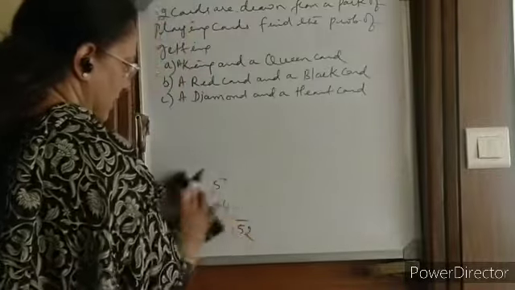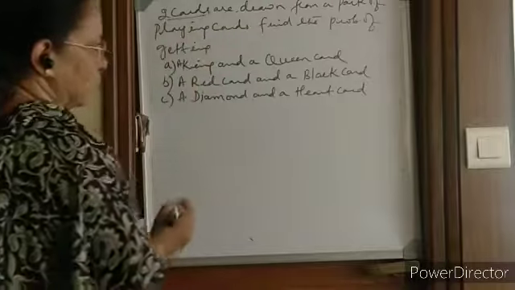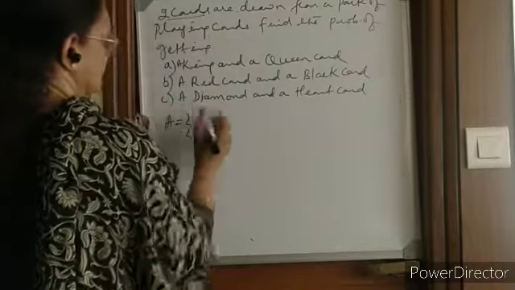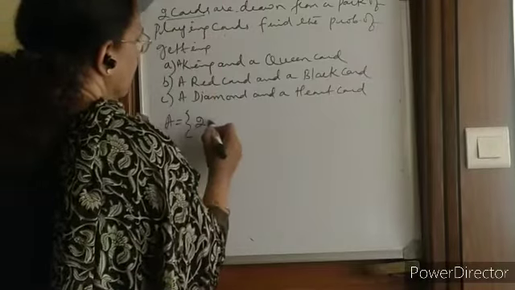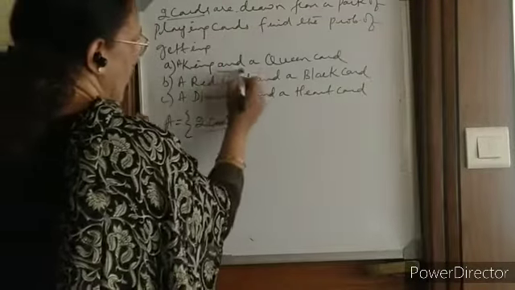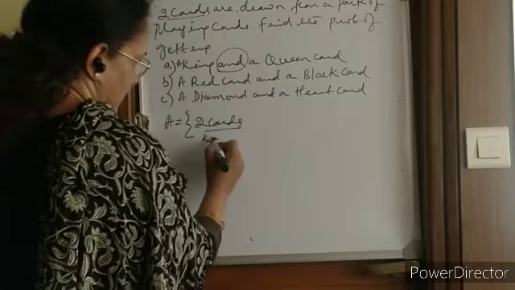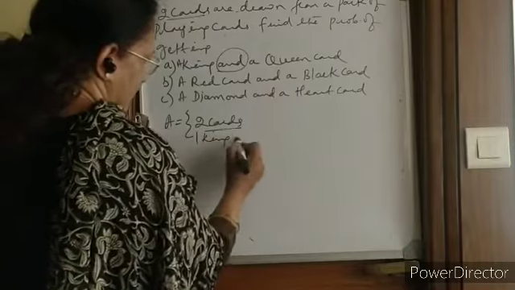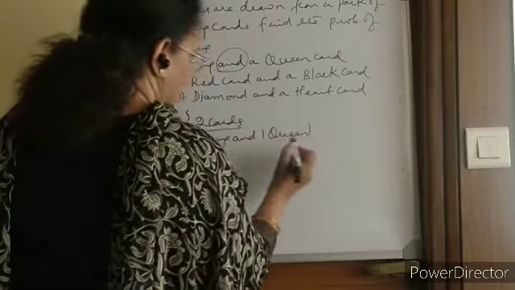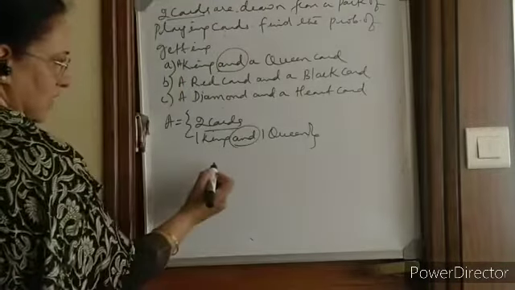Now what is the change here? 2 cards. So therefore it becomes now exhaustive will become 52C2. So A will be the event of drawing 2 cards here. So out of 2 cards, 1 should be a king and 1 is queen. So whenever you have and, you have to remember it is intersection.